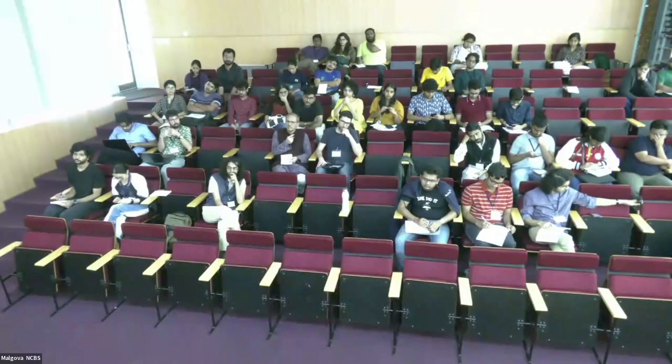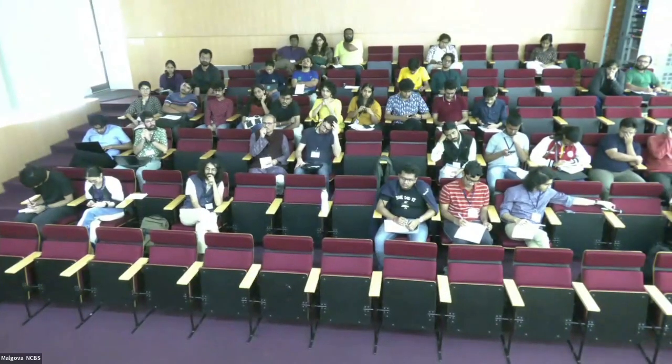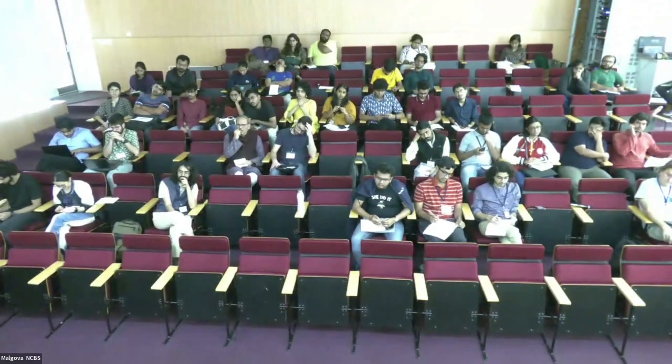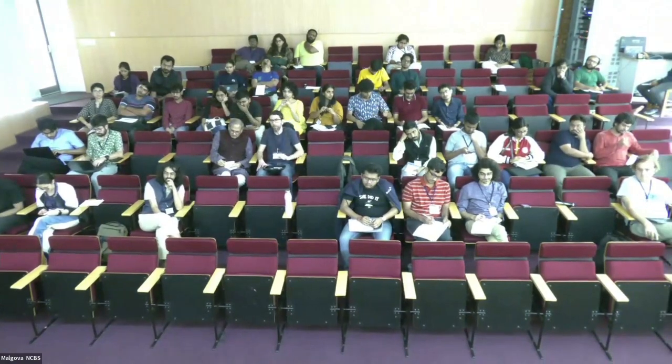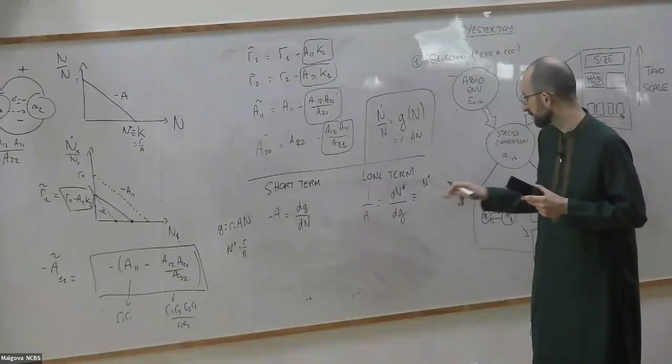So yeah, the idea is that, what I mean by this is, I can define what would be n star. Okay, how can I write this?